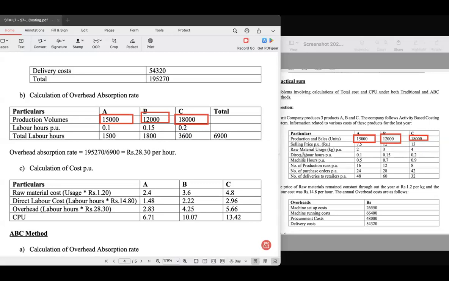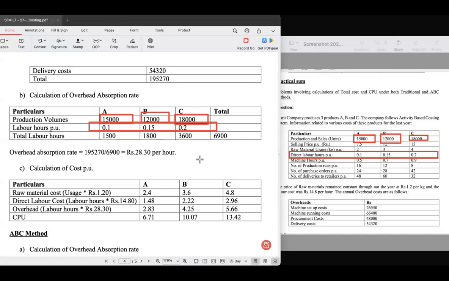Therefore, we are taking the direct labor hours per unit to get the total labor hours. Is that clear? So what we do simply is we multiply 15,000 into 0.1, 12,000 into 0.1, 18,000 into 0.2.